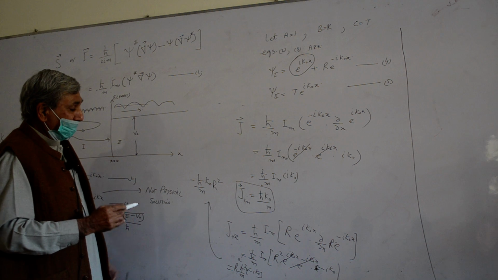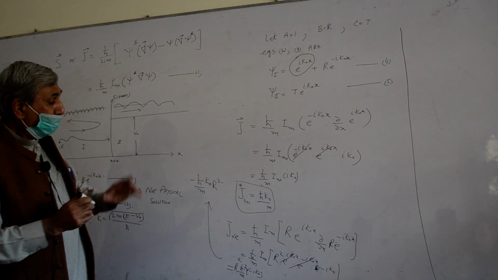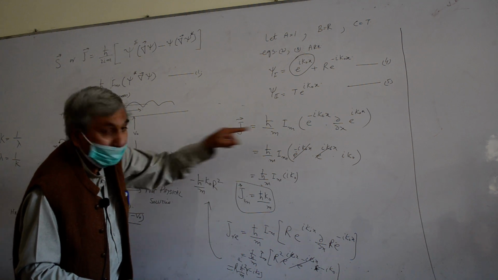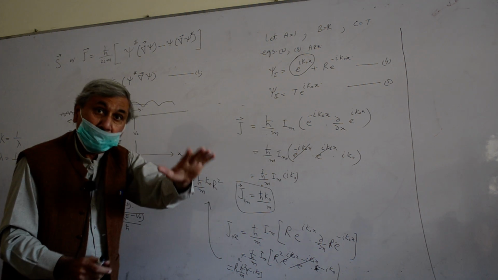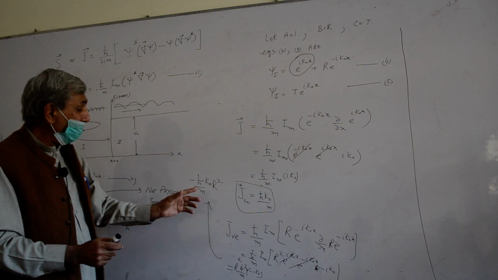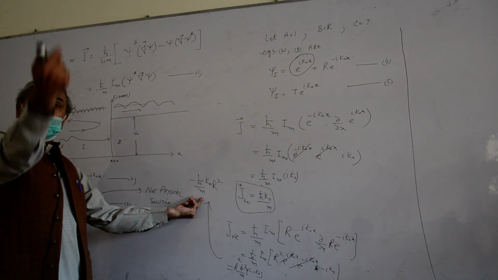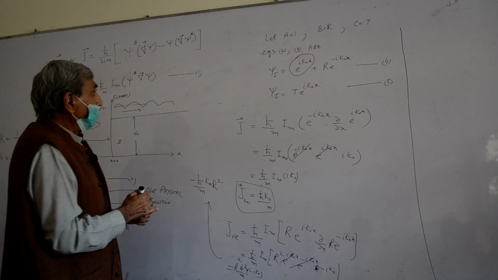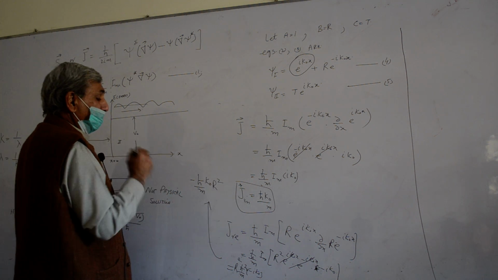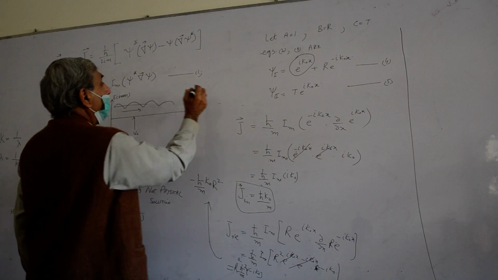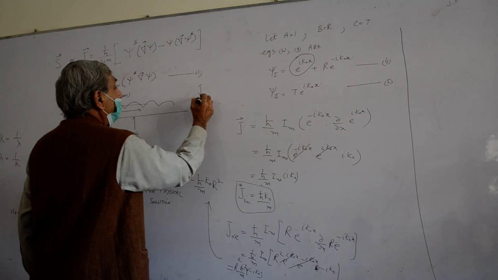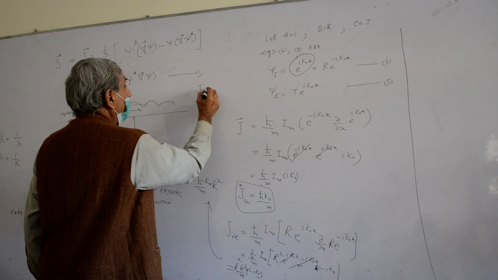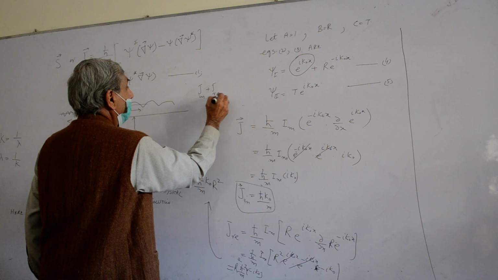So it means that k wave with probability current, this is moving in that direction. Out of that wave, this much is coming back. Okay? Then what is the difference between the two? J in plus J reflected.